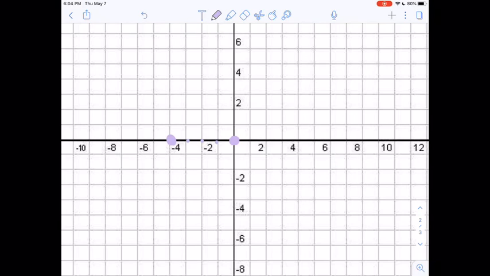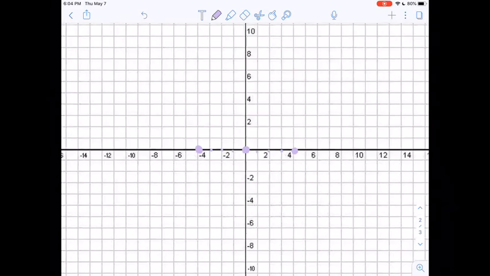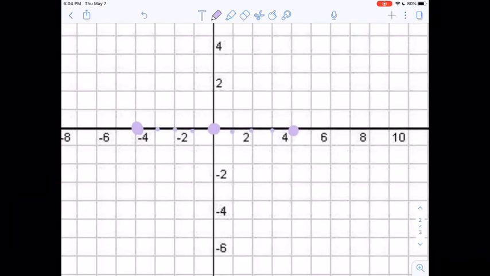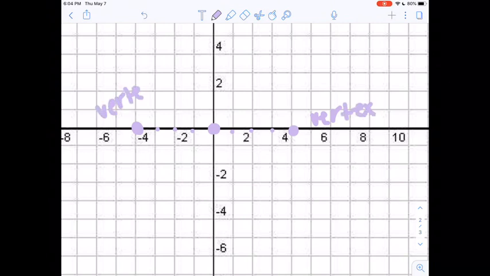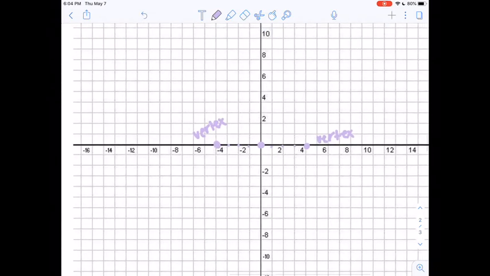And I'm going to do it in the next direction, so I'm going to go right, 1, 2, 3, 4. Okay, so I just created a major vertex.